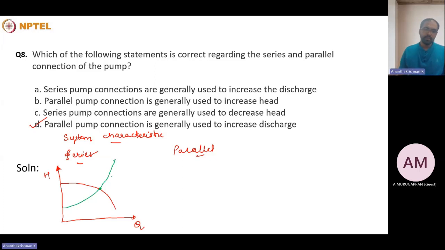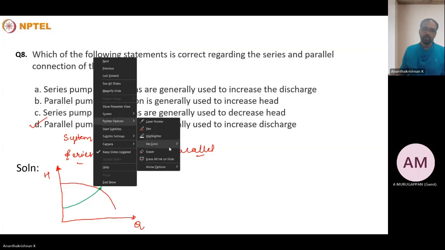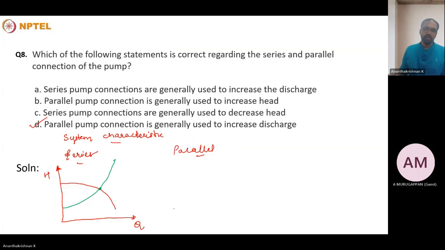When we put multiple pumps in series, this head curve will get accumulated one over another. Correspondingly, the new head curve would be this, accumulating these head curves one over another, keeping the discharge constant.